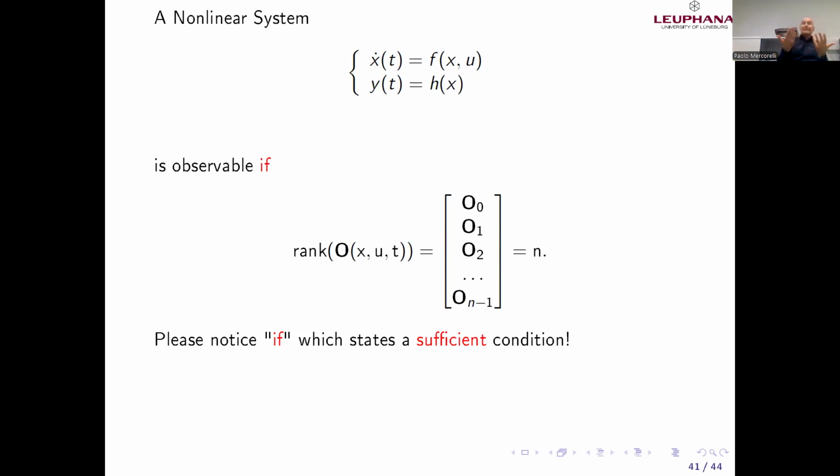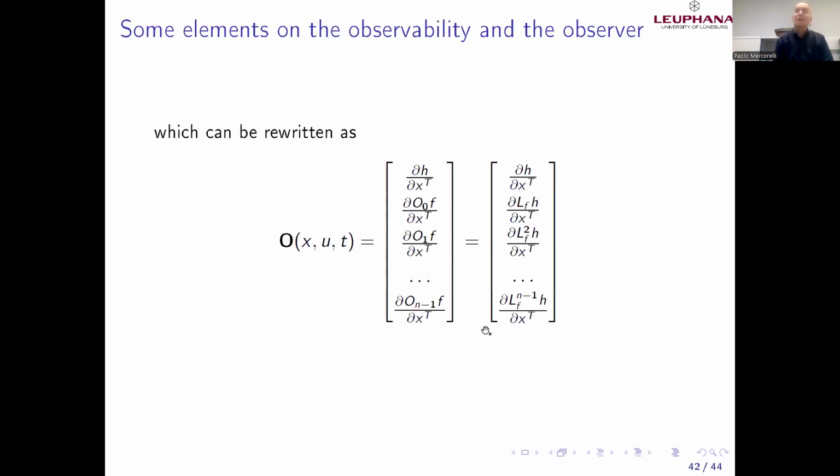Nevertheless, it says when the system is observable, but if this rank condition is not satisfied, we cannot conclude anything. This is a typical situation passing from linear to nonlinear structure, in which the condition preserves the sufficiency but not the necessity. Let me look at O0, O1, O2, and so on. It seems a little bit complicated. I will show you an example, and we will see it is extremely easy.